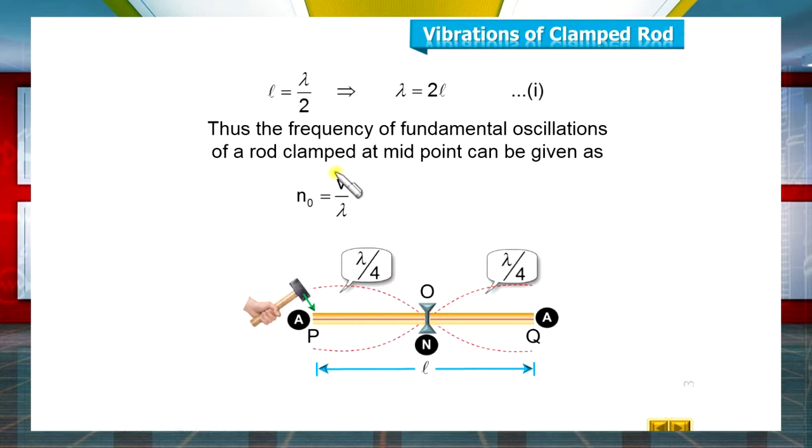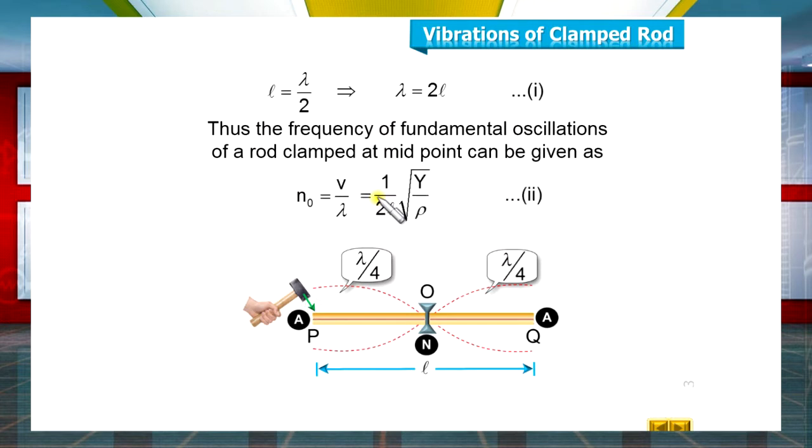That means the wave velocity can be written as under root Y divided by rho. And this lambda is equal to 2L. That means we can now write the expression for the fundamental tone or fundamental mode of vibration, that is N naught equals 1 divided by 2L multiplied by under root Y divided by rho. This is the fundamental frequency.